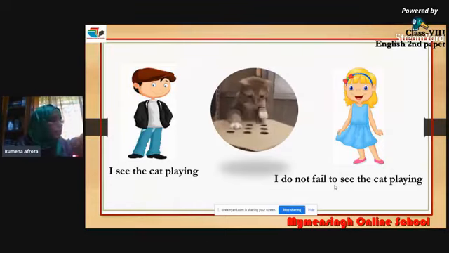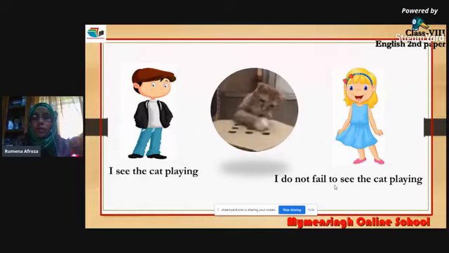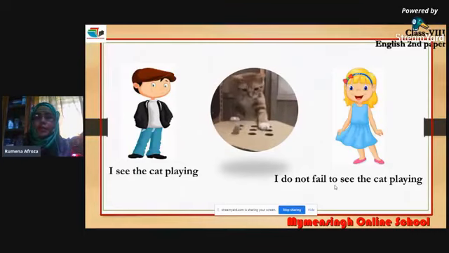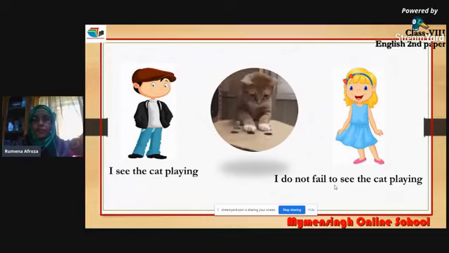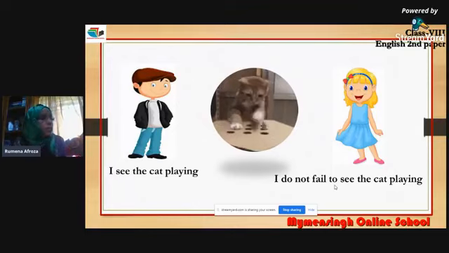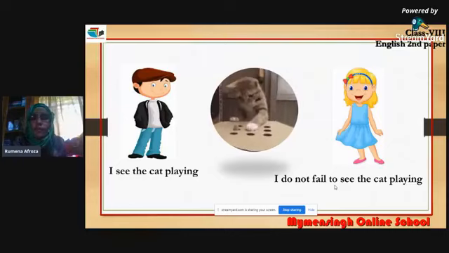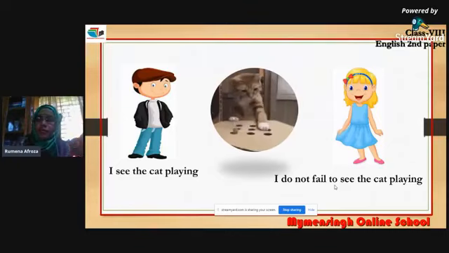The girl is saying, "I don't fail to see the cat playing." Can you find the differences between the sentences?